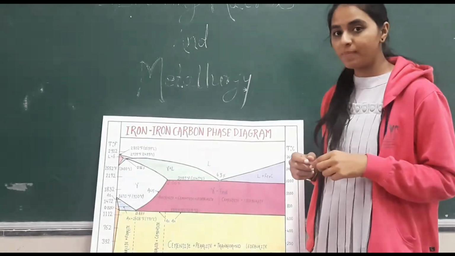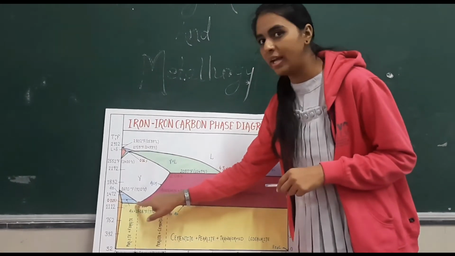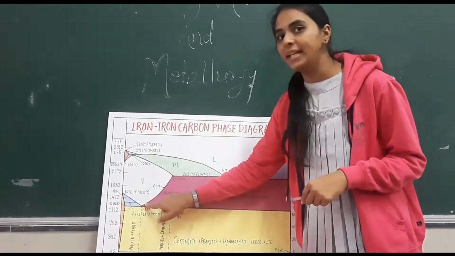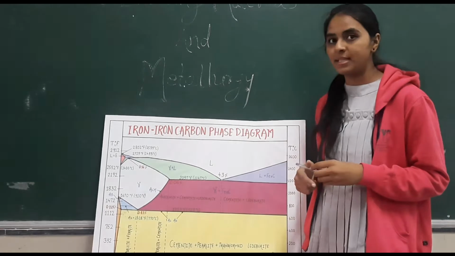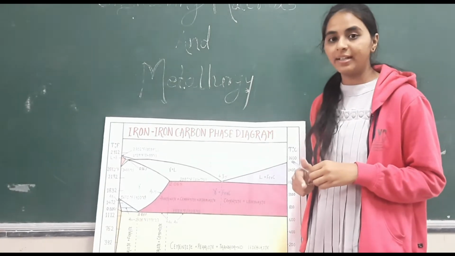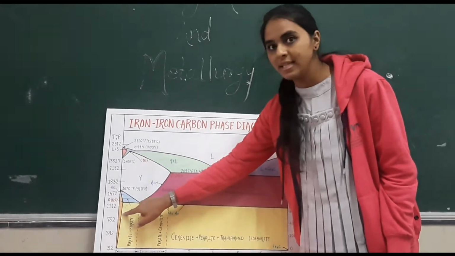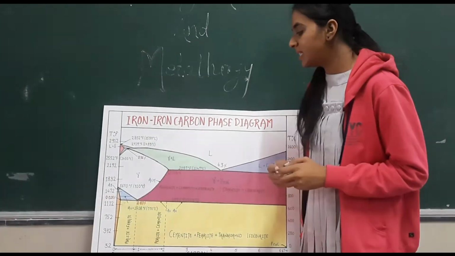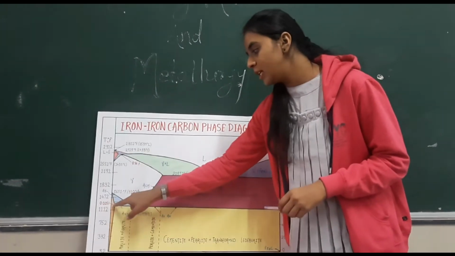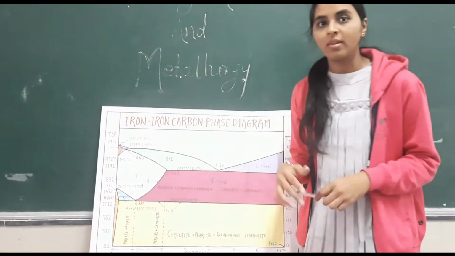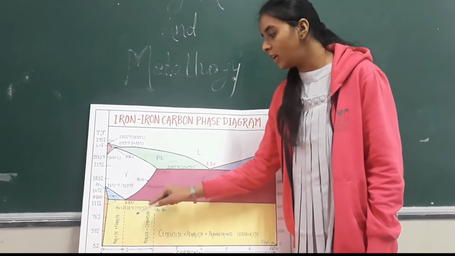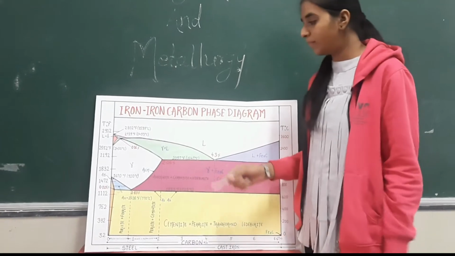When the carbon percentage is 0.008 percent, I show the maximum solubility. As the temperature increases to 727 degrees Celsius, my solubility increases to 0.025%. In this particular range, I get alpha iron, that is nothing but me.